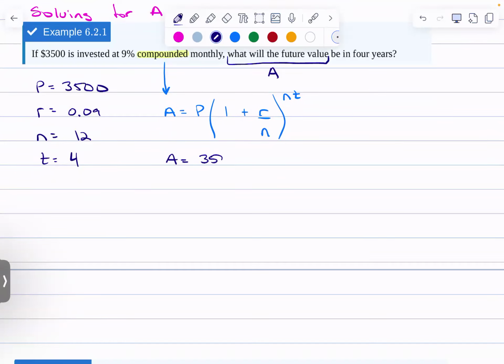Now it's just a plug and chug issue. 3,500 times 1 plus 0.09 divided by 12, to the power of 12 times 4. 0.09 divided by 12 is very small. Plus 1.